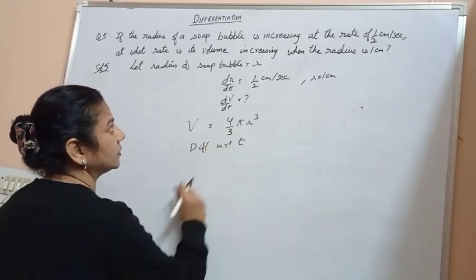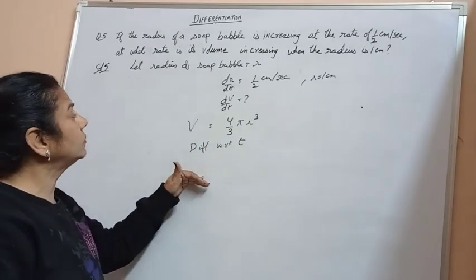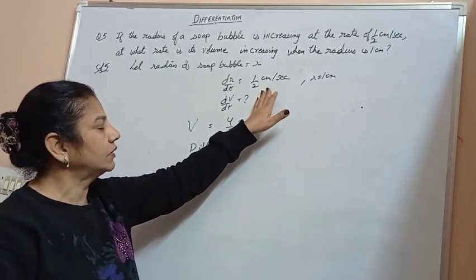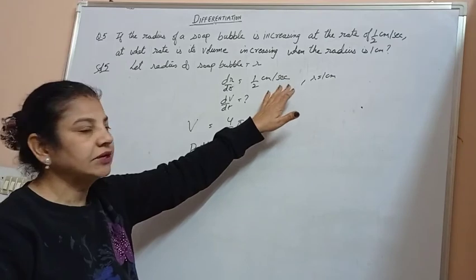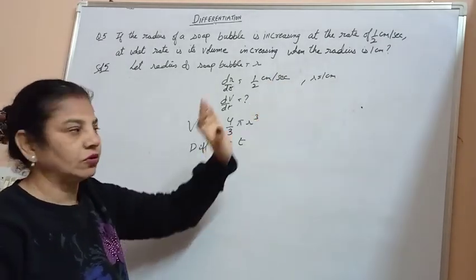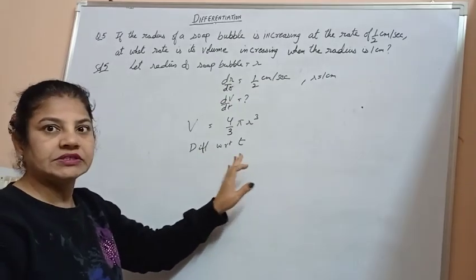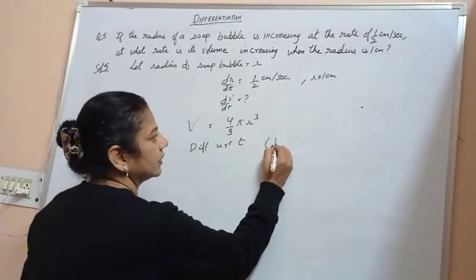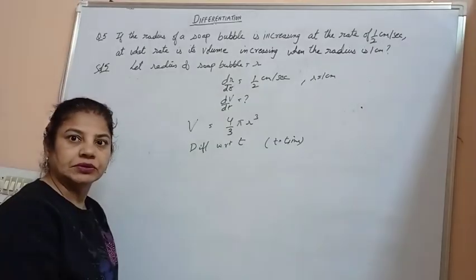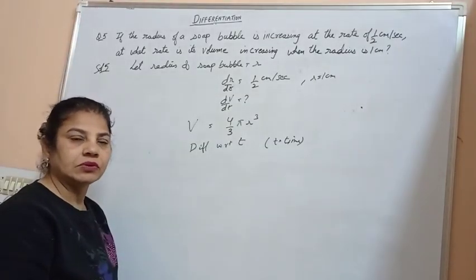When it is not given in which respect we have to differentiate, the unit in the question is given as centimeter per second, so it is obvious that we have to differentiate with respect to time only. T stands for the time. Whenever we have differentiation with respect to t, that means we are differentiating with respect to time.